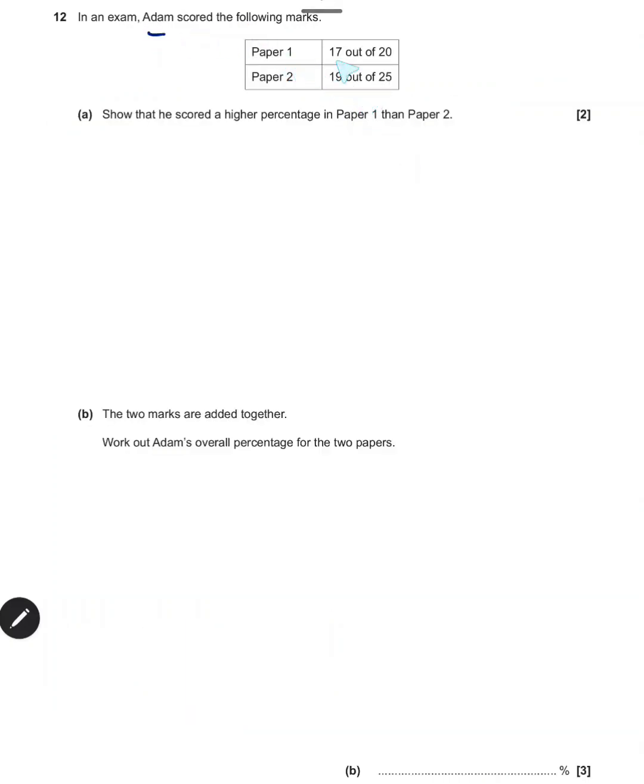Question 12. My mate Adam has got some scores on a paper 1 and a paper 2. And we want to show what percentage was higher. So if we look at paper 1 first. Paper 1, he got 17 out of 20. If we're looking for percentages, then ideally we get this out of 100. So how do you go from 20 to 100?